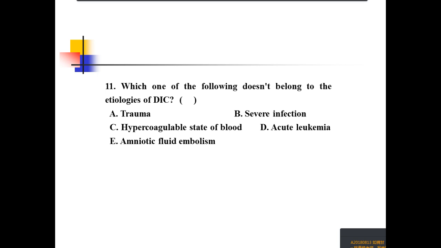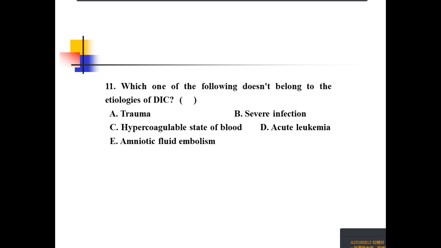Acute leukemia belongs to malignant tumor, it is an etiology. Understand? Amniotic fluid embolus belongs to obstetric complication. So only C is not an etiology, it belongs to triggering factors.